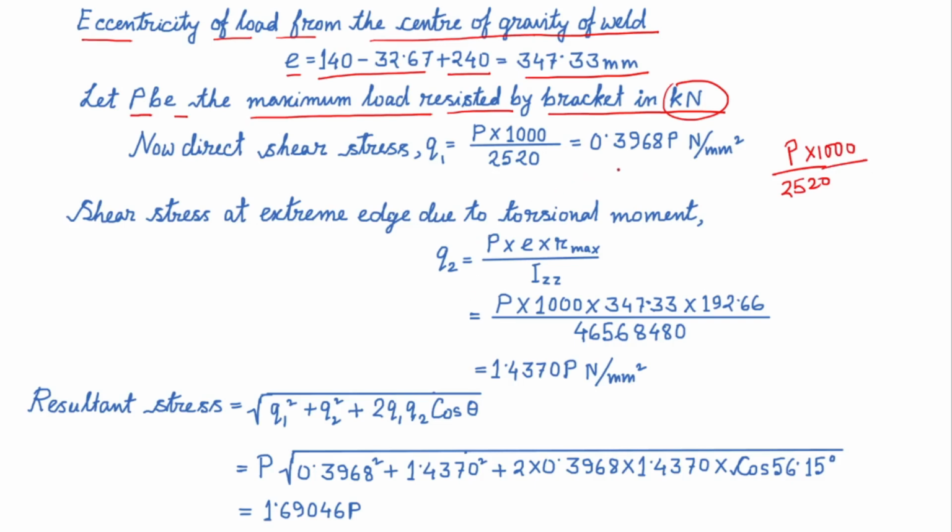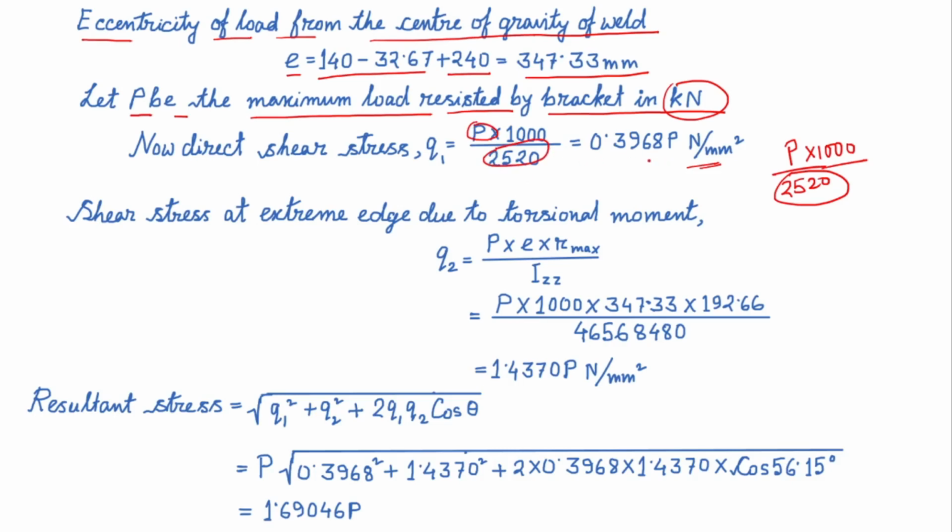So finally it is 0.3968 P Newton per mm square. Remember, this is the external force P divided by the total area of the weld, which gives us the direct shear stress Q1.